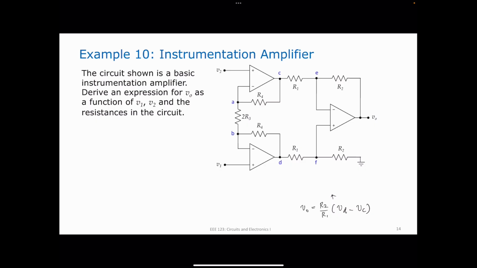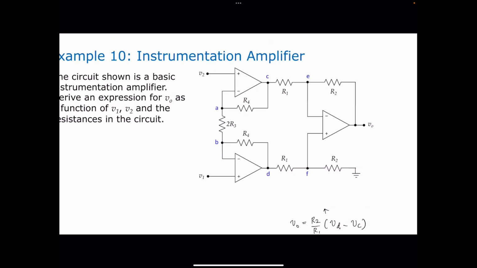Just a question: can you do a KCL at C? You cannot do a KCL at C because you have no idea what the output current is going to be. So I'll just write that down as a note.